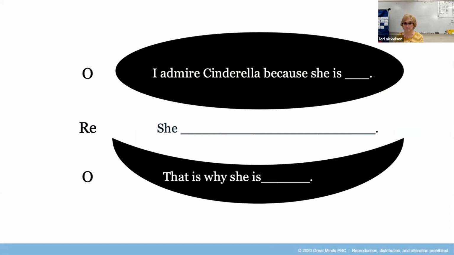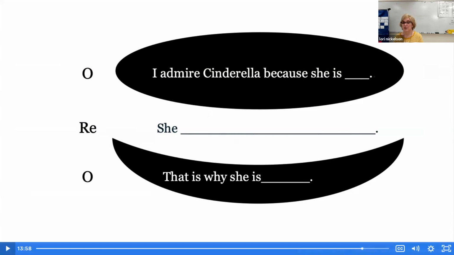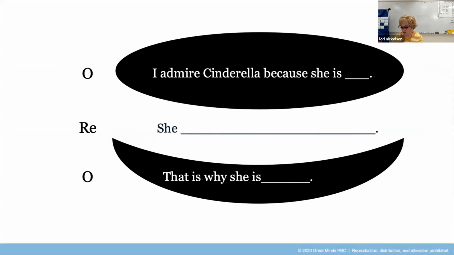What I'd like you to do now is pause the video and share what you are going to write with your learning partner, or just share aloud. Friends, you should have got your information from that trait chart about Cinderella.